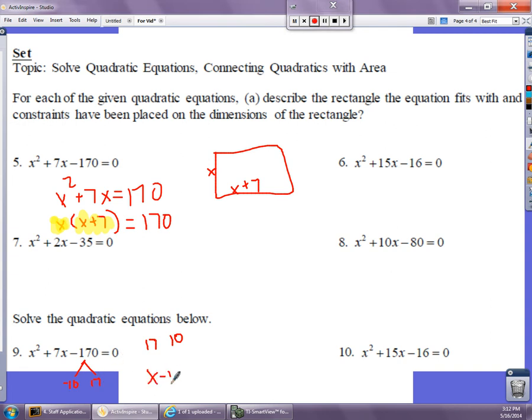So this factors into x minus 10 times x plus 17, which equals 0. If you set each of these equal to 0, you get an answer of positive 10 and another answer of negative 17. The negative doesn't work because x is the length, so 10 is the only answer. You get 10 and 10 plus 7, which is 17. So you have a 10 by 17 rectangle.